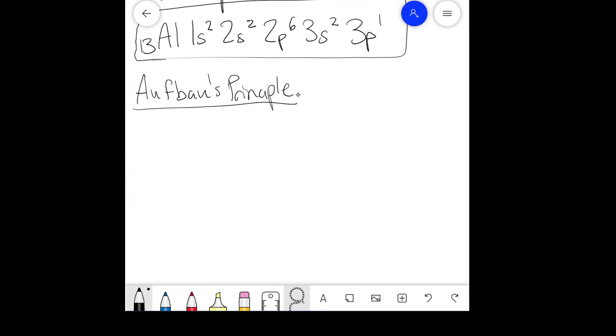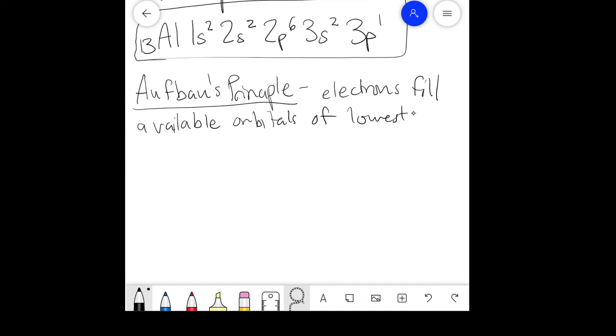And Aufbau's principle states that electrons fill available orbitals of lowest energy first. So electrons are a lot like humans.